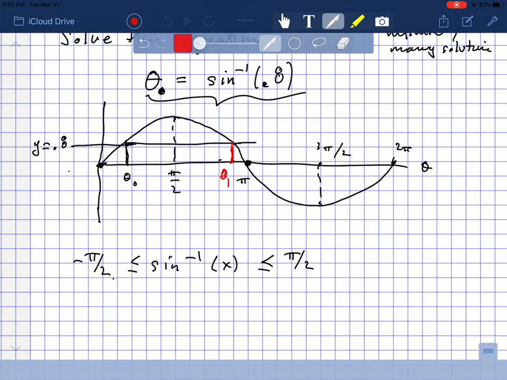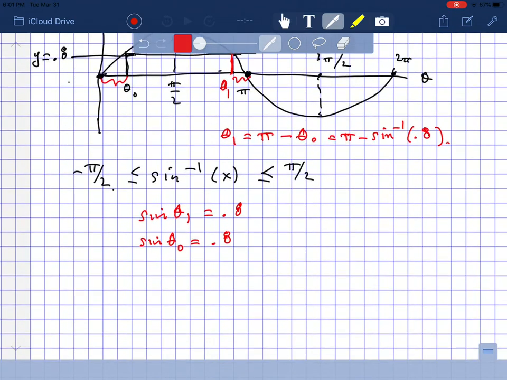We'll call that theta sub 1, where the sine of theta sub 1 is equal to 0.8, because we know that the sine of theta sub naught is 0.8. I said that the distance from here to here is equal to the distance from here to here. So that tells me that theta sub 1 is equal to pi minus theta sub naught, which is equal to pi minus the inverse sine of 0.8.